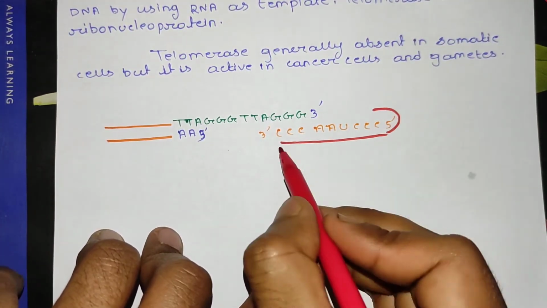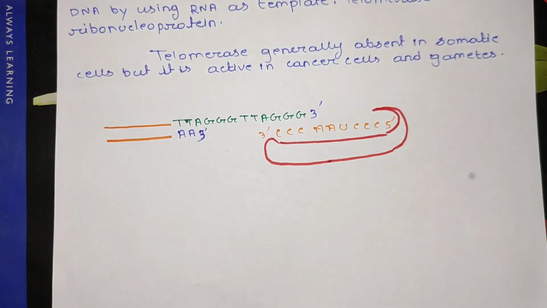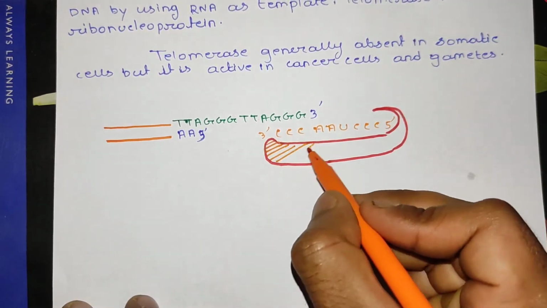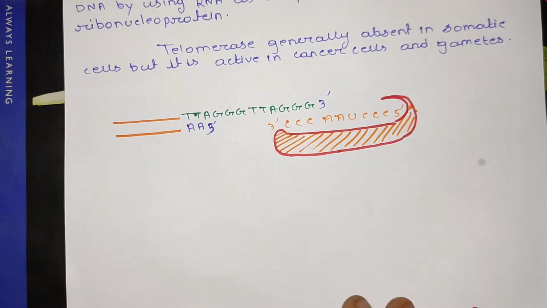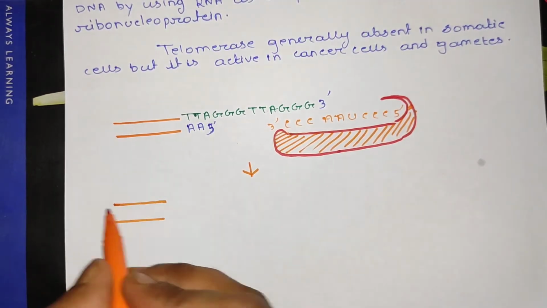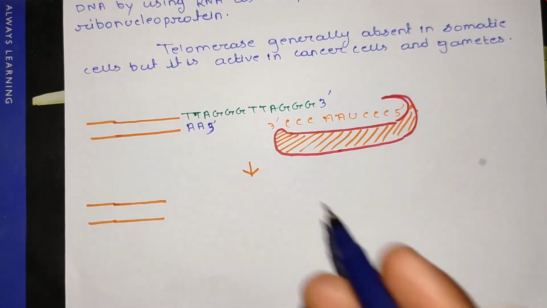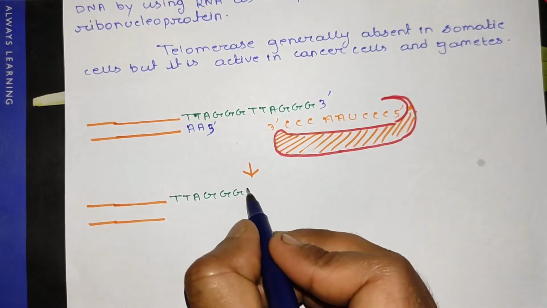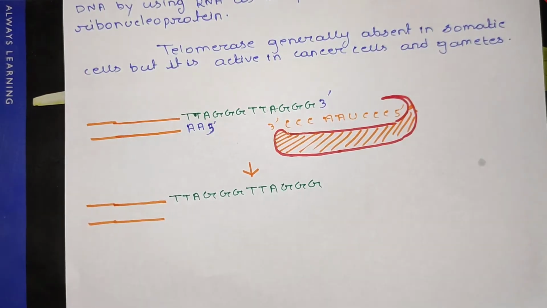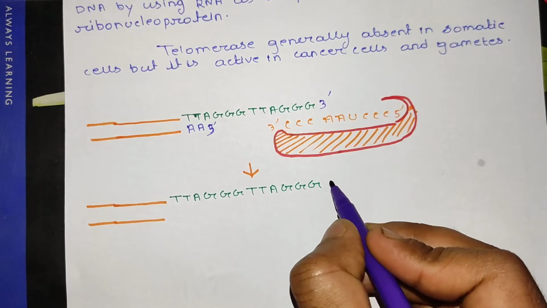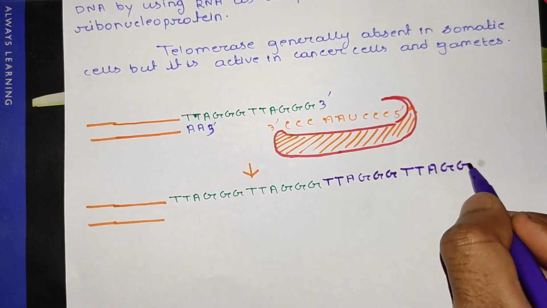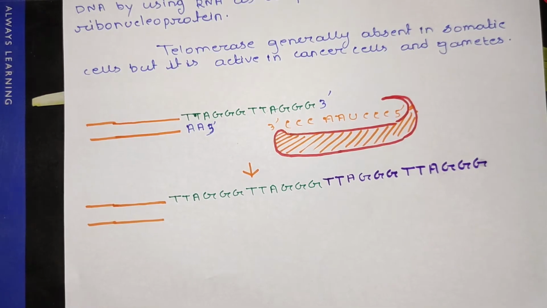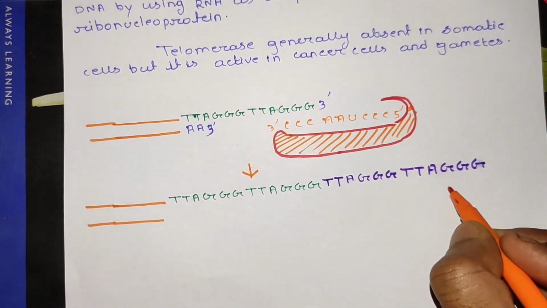This is the RNA sequence present inside the telomerase enzyme, and this is the telomerase enzyme. Now this telomerase enzyme uses its RNA as a template and adds nucleotides to the 3' end. As you can see, it is a G-rich sequence. Telomere is a G-rich sequence like TTA, GGG, TTA, GGG, TTA, GGG.